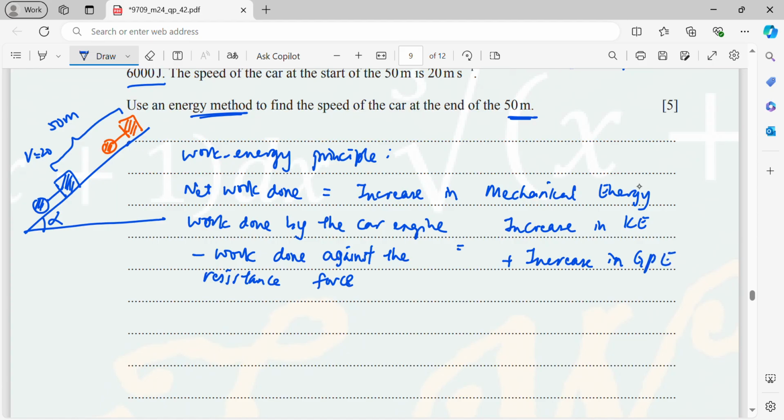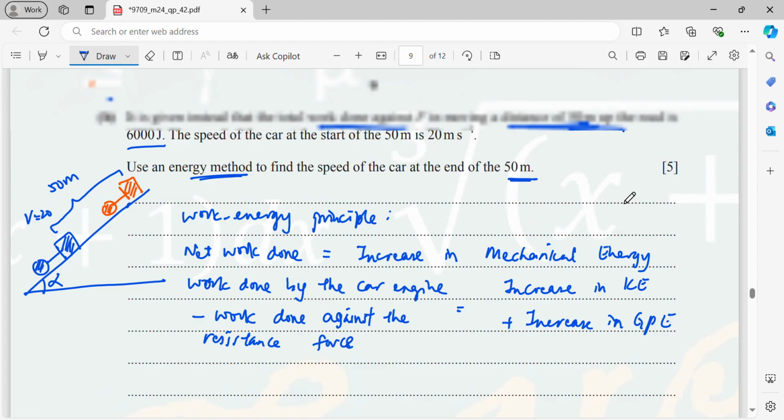Okay, so now the work done by the car engine. We know that work done is F times d. So the driving force is 3000, and then the d is basically the distance traveled, which is 50 now. Then you minus the work done against the resistance force.